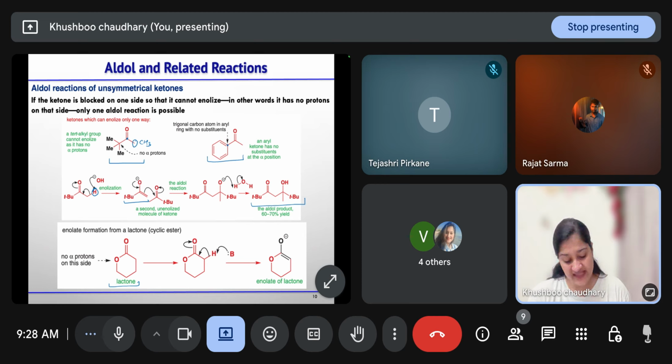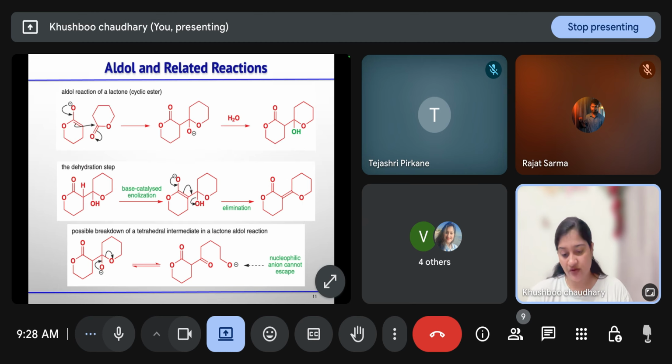Then the base will take the proton from the only side that can be enolized, that is this alpha position, and the enolate of this lactone will generate. After this enolate formation, these electrons will fall, and through carbon it will attack the electrophilic lactone carbon, and this oxide will generate, which on protonation will give you the aldol product.